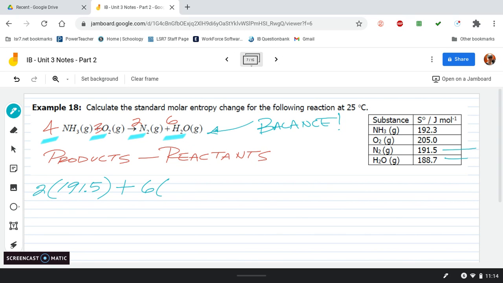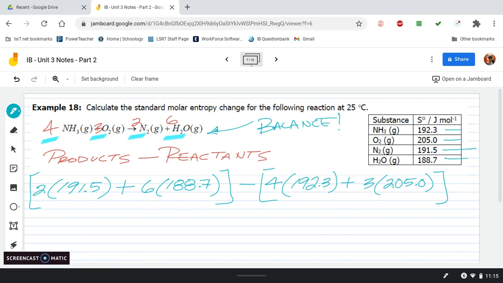So 6 times 188.7, so 6 water, so multiply it by 6. Going to bracket that minus, you can do the NH3, so 4 times 192.3 plus then the oxygen. So here's the oxygen right here. 3 multiplied by 205.0 bracket, and there we go.